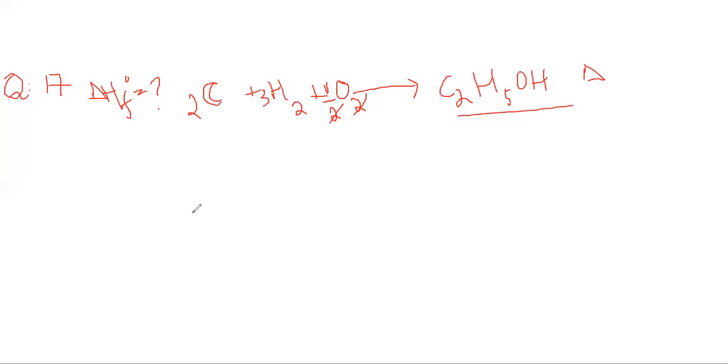Three statements are given. The heat of combustion of ethyl alcohol, delta H, is minus 136 kilojoule per mole. So in equation number 1, ethyl alcohol, C2H5OH, is undergoing combustion.